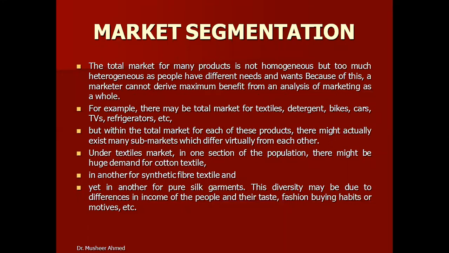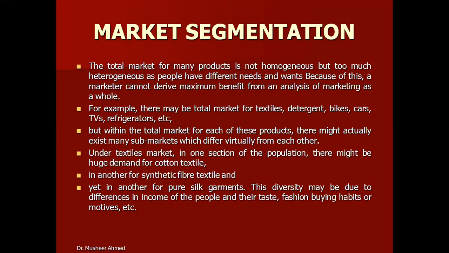Under the textile market, in one section of the population, there might be huge demand for cotton textile. In another, they need synthetic fiber textile. In the third, they need pure silk garments, right? This diversity may be due to differences in their income, taste, fashion, buying habits, and motives, right?